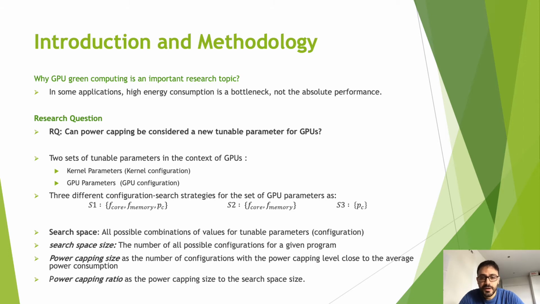We also define four other expressions here, which are our search space size, power capping size, and power capping ratio. To understand the meaning of them, I refer you to read our research proposal.